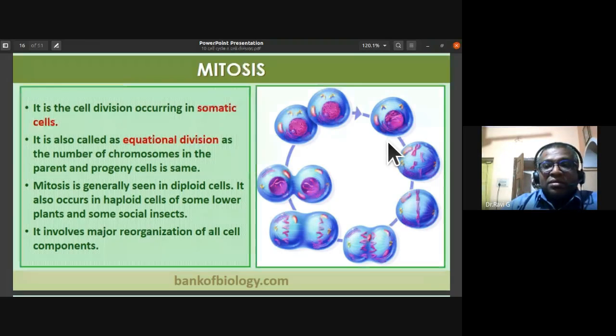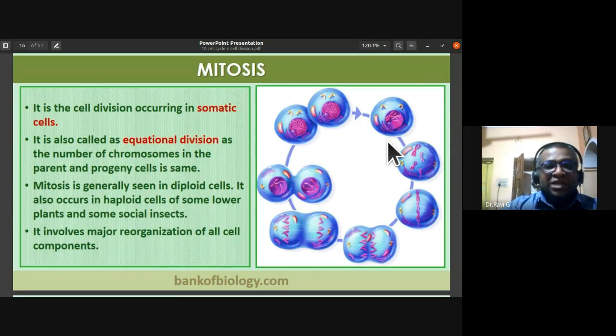So the 46 chromosomes parent cell, it undergoes mitosis to produce two daughter cells. Each daughter cell will again be having 46 chromosomes each. So the ploidy level doesn't change. The ploidy level remains the same in the parent as well as the offspring. So we call this sort of cell division as equational cell division. Mitosis is also called as equational cell division.